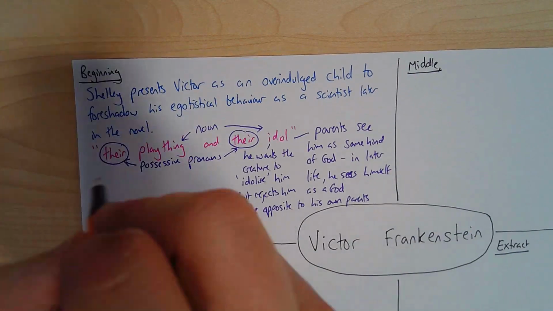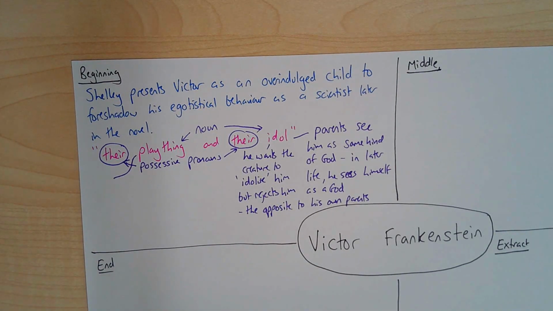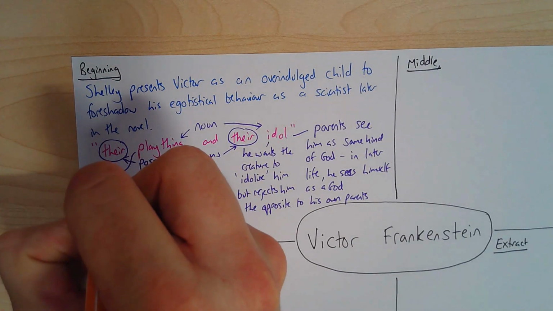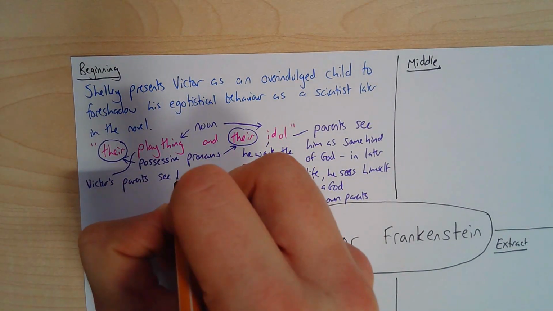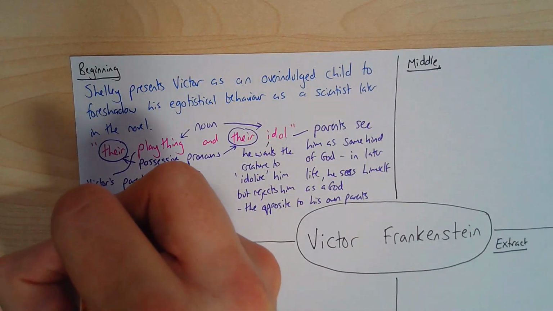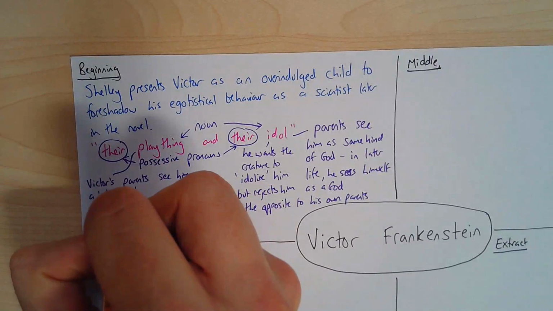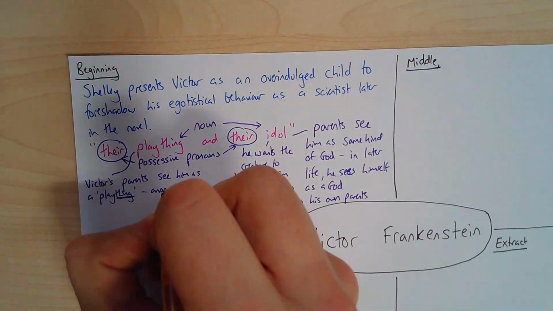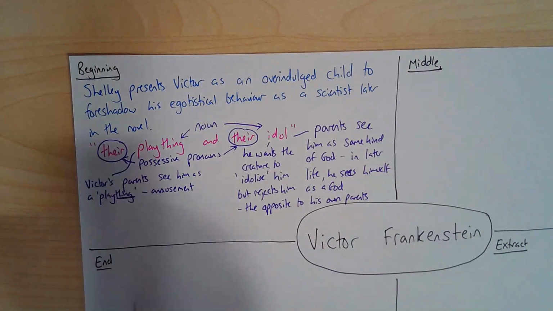You could talk about plaything as well. You know, this idea that Victor's parents see him as a plaything. And you've got the word thing there, this idea that almost, they've had Victor as a child for some form of amusement.